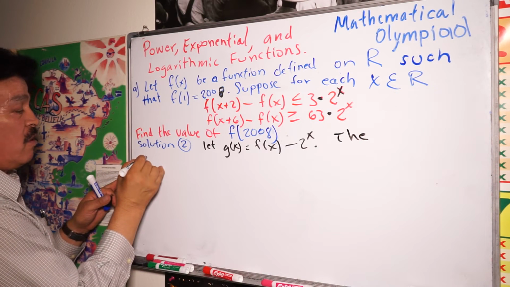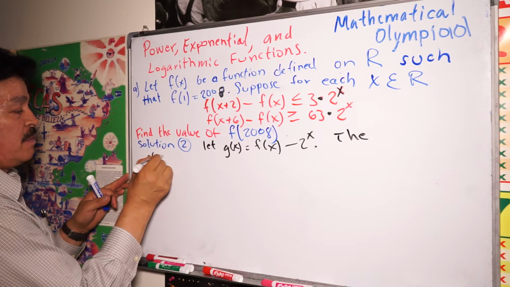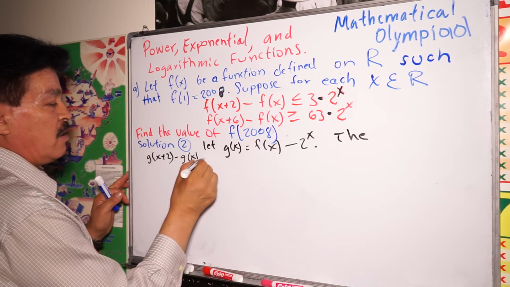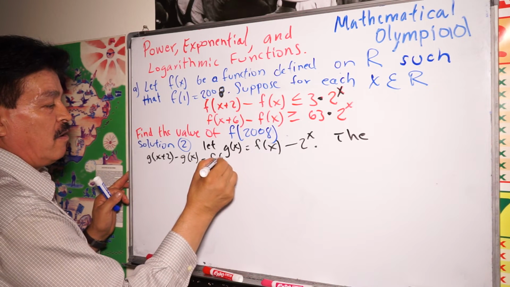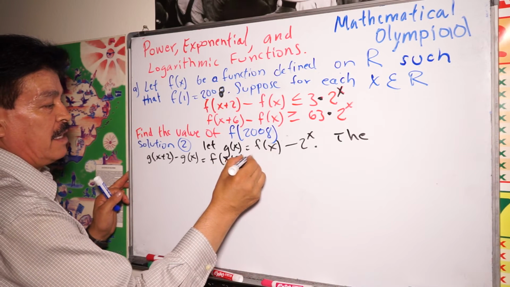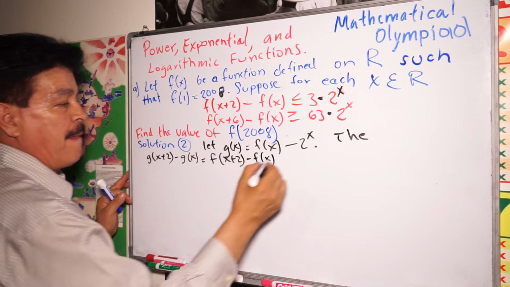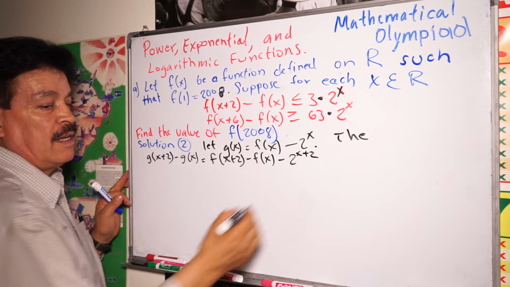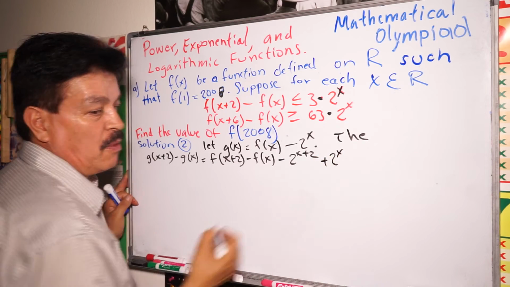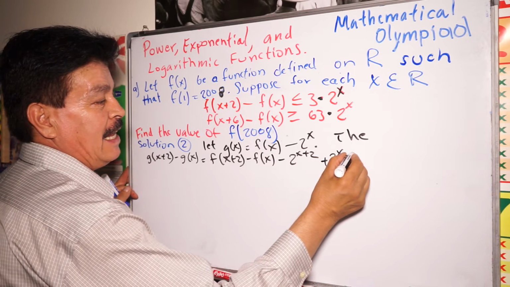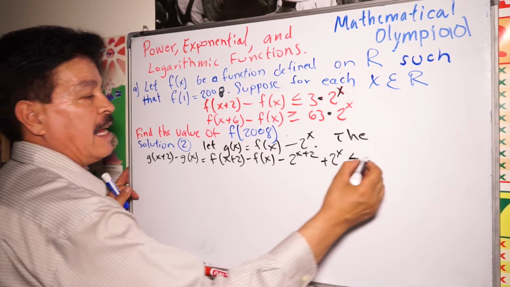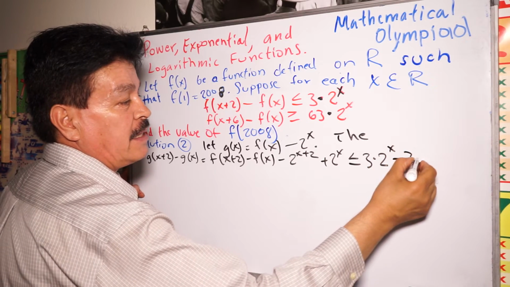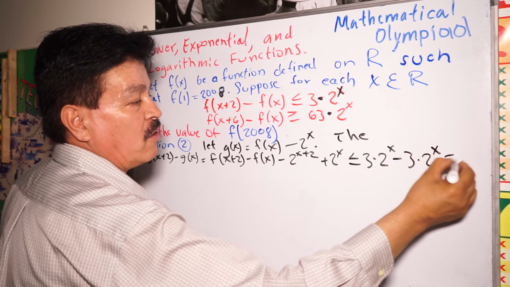Then we are going to have, it's a long process, g(x+2) minus g(x) equals f(x+2) minus f(x) minus 2 to the x plus 2 power plus 2 to the x power, less than or equal to 3 times 2 to the x power minus 3 times 2 to the x power, which equals 0.